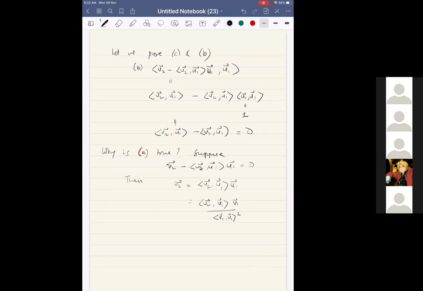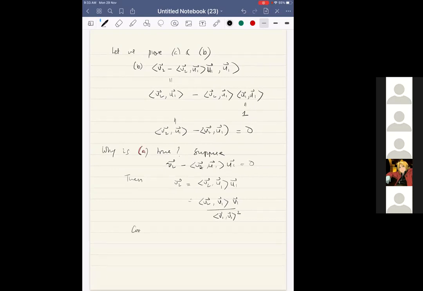So this means that V2 is a multiple of V1. But V2 and V1 cannot be a part of a basis. Contradiction. Since V1 and V2 are part of a basis, they cannot be linearly dependent.